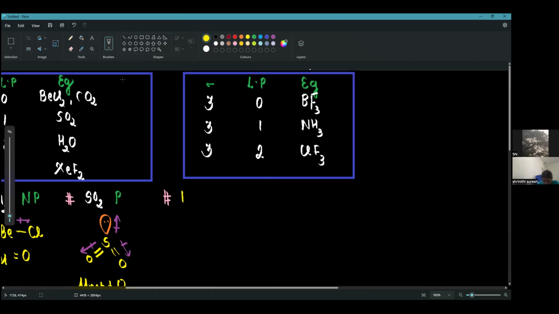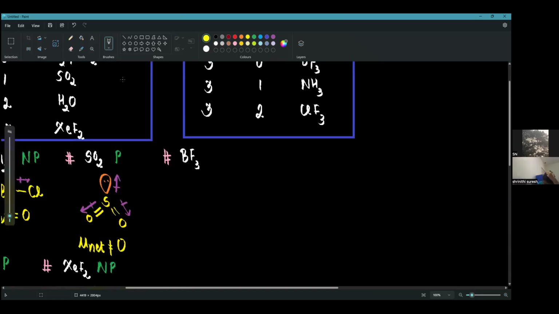In BF3, it will look like this. You have boron, you have fluorine, you have fluorine, and you have fluorine. And the dipole moment for the first fluorine, the second fluorine, the third fluorine will cancel out each other.